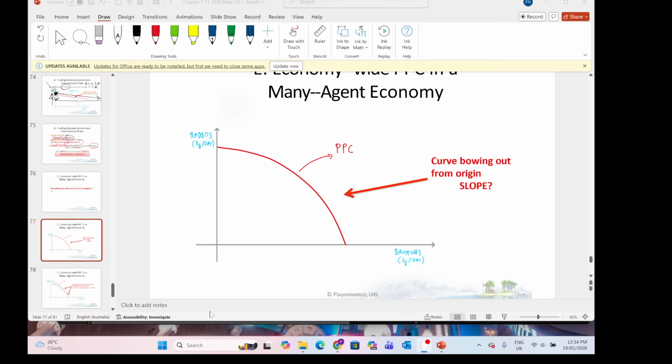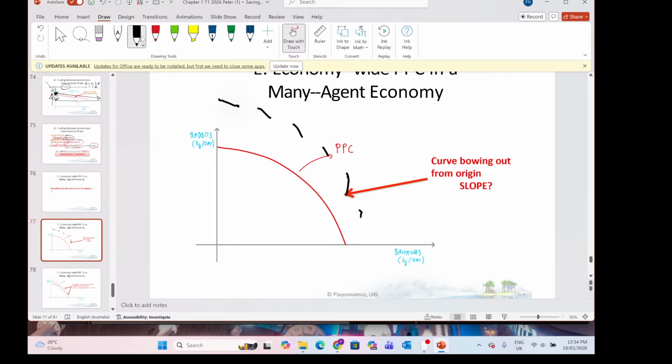So imagine that we've got some people who have a slope like this, and then we've got some people with a slope like this, and some people with a slope like this. So we've got all different sorts of trade-off relationships when we think about the wide number of people in our economy.